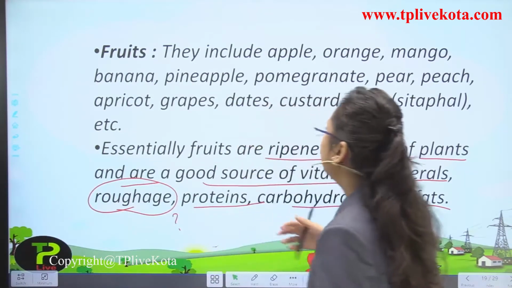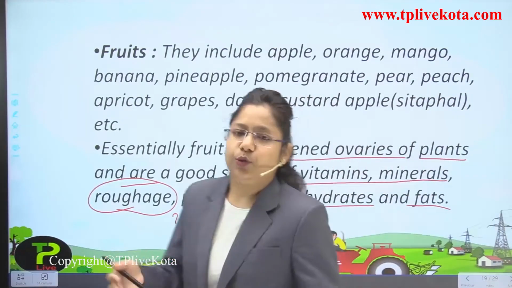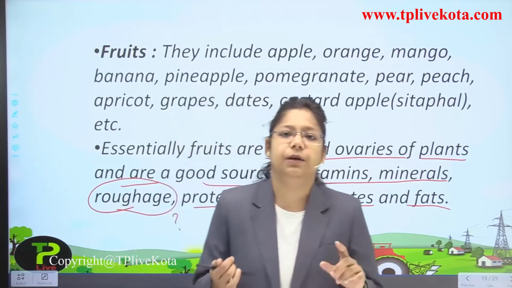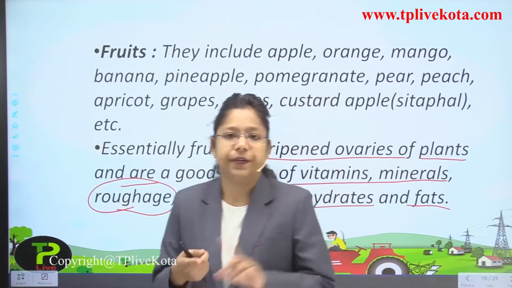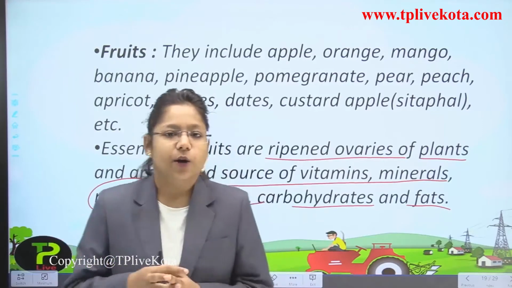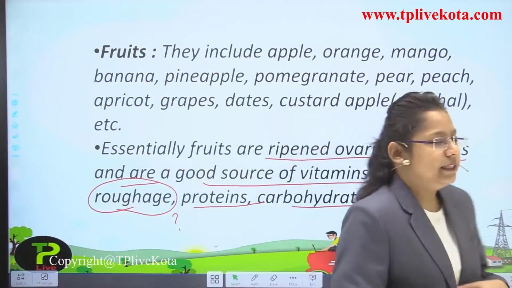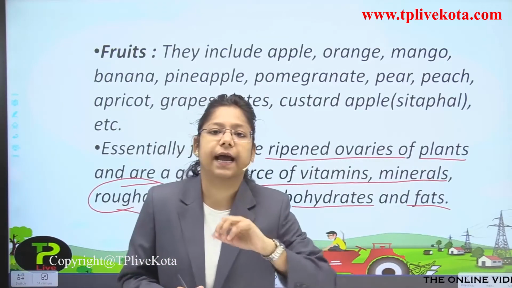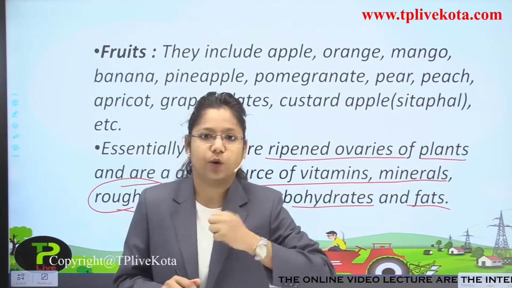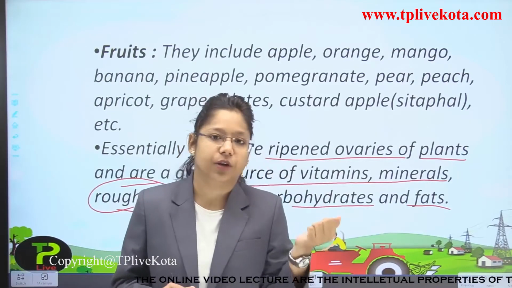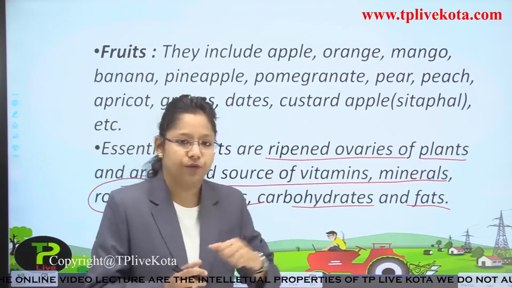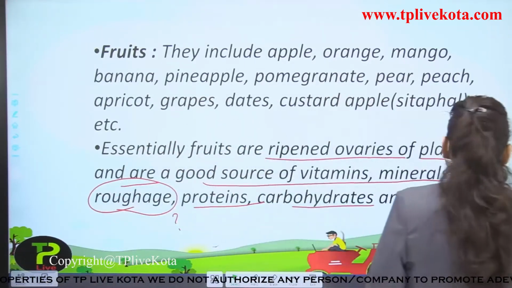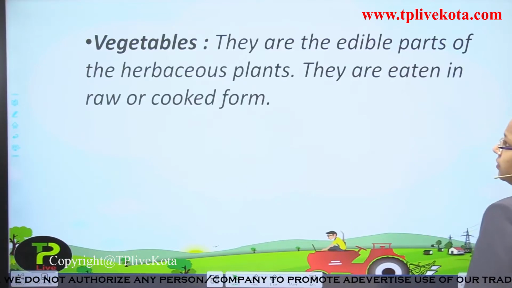You are better familiar with the examples of fruits like pomegranate, apple, banana, papaya, pear, peach, plum, etc. Now the thing is, what is a ripened ovary? A ripened ovary is something which is totally matured. It does not require over maturity, so it is known as a ripened ovary, and the ripened ovary turns into what? Fruits.